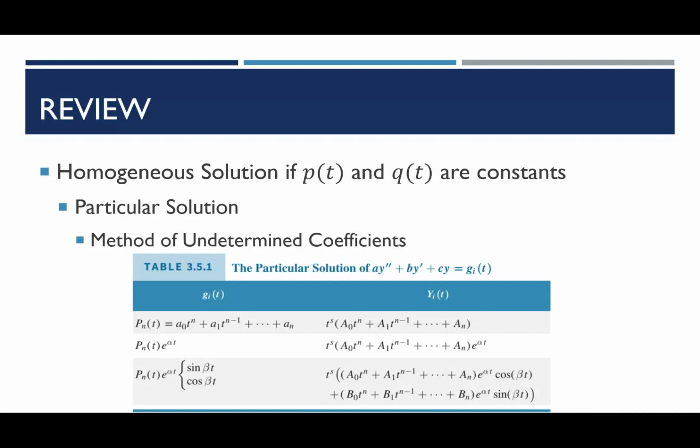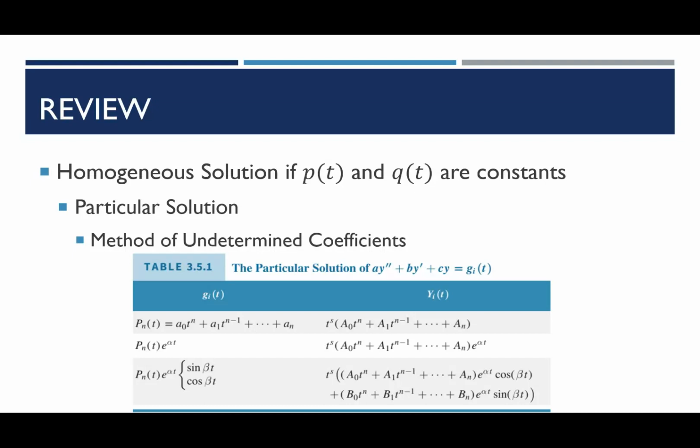So if you have a polynomial, like ay double prime plus by prime plus cy equals t squared minus 5, then your particular solution has the form of a0 t squared plus a1 t plus a2, a polynomial of the same order.